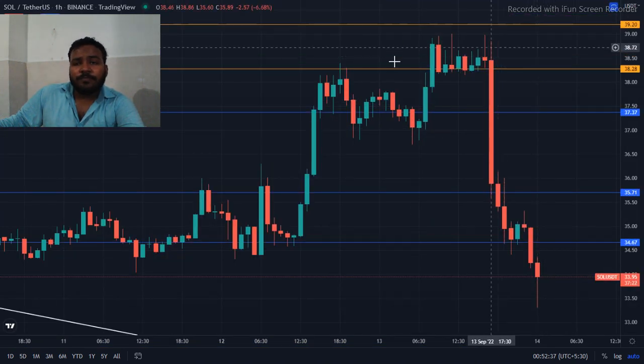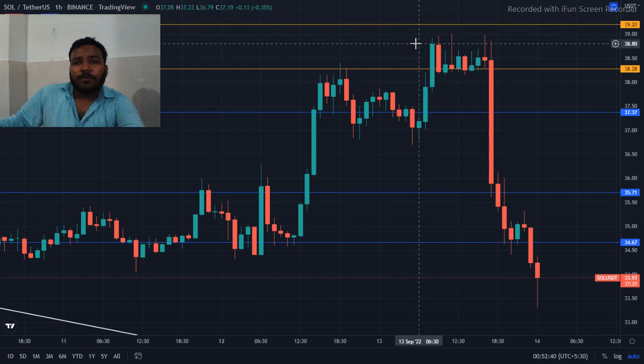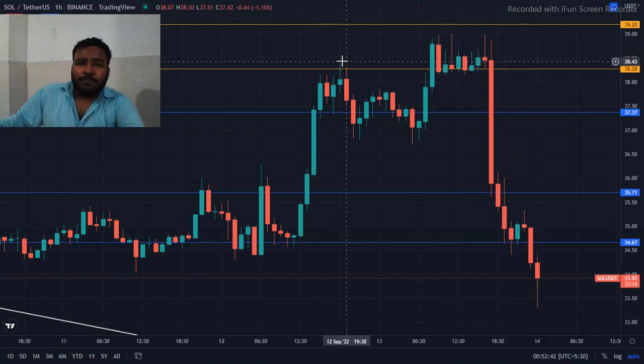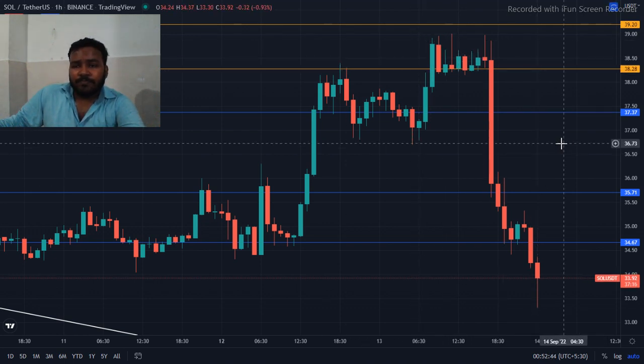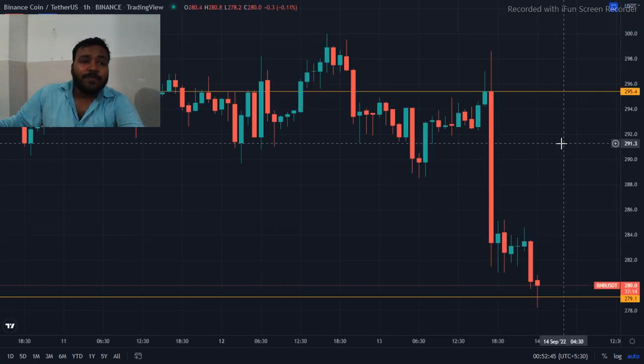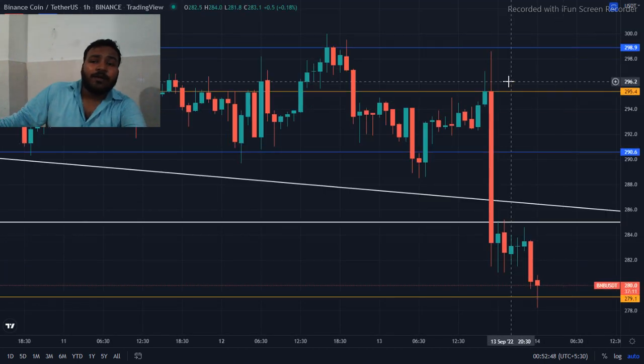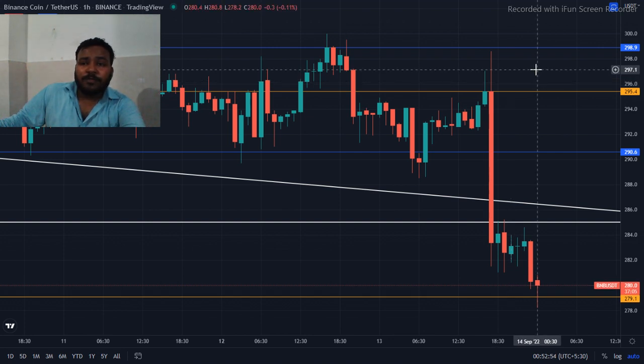This is Solana. See, this is also triple top fall. So this is the beauty of technical analysis and how we can play level to level. Though I had given written levels for today, I won't be discussing them because the market is purely for the levels. See how the levels got respected.